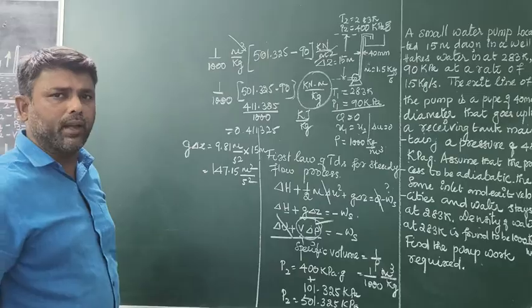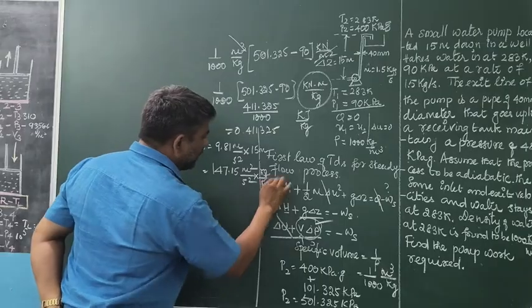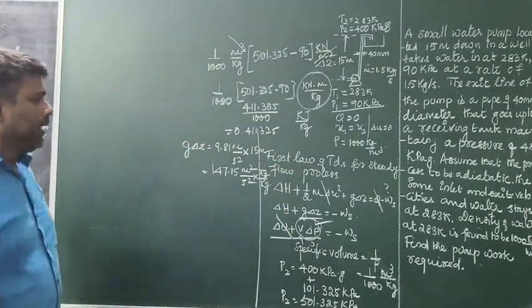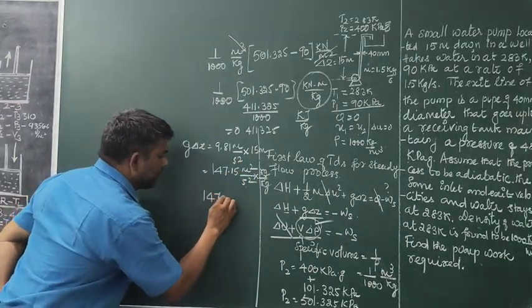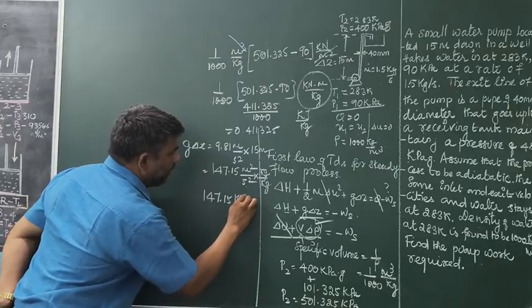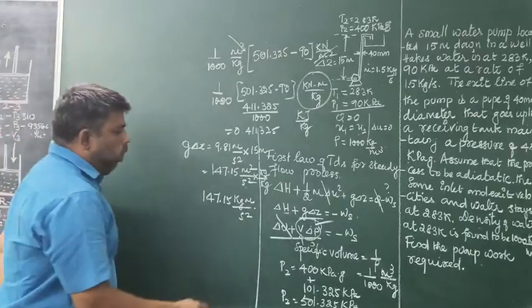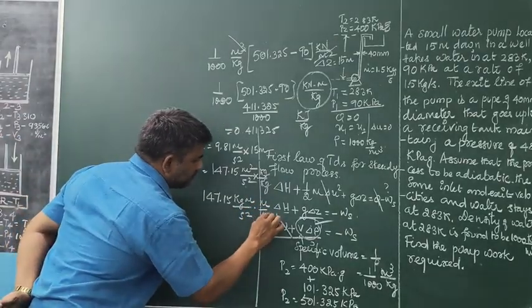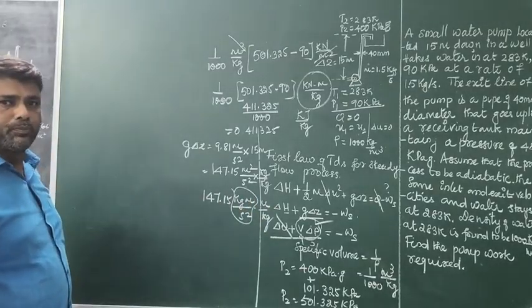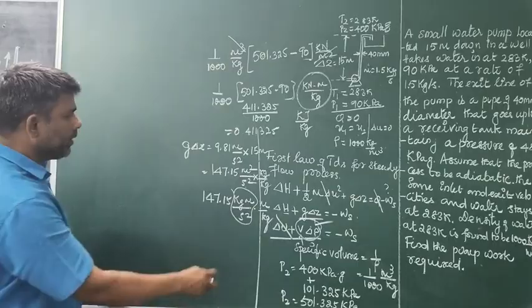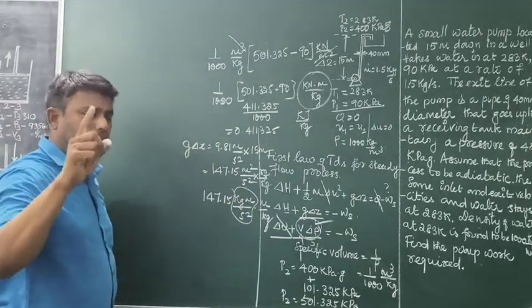For simplification, I am going to multiply by kg and divide by kg, so there is no change in value. Now it is 147.15 kg meter per second square into meter per kg. Kg meter per second square is nothing but a Newton. 1 kg meter per second square is equal to 1 Newton.